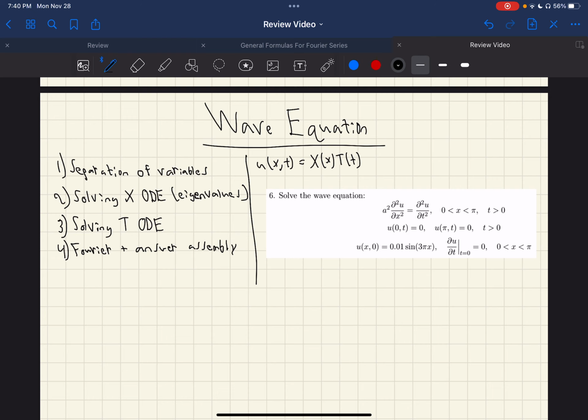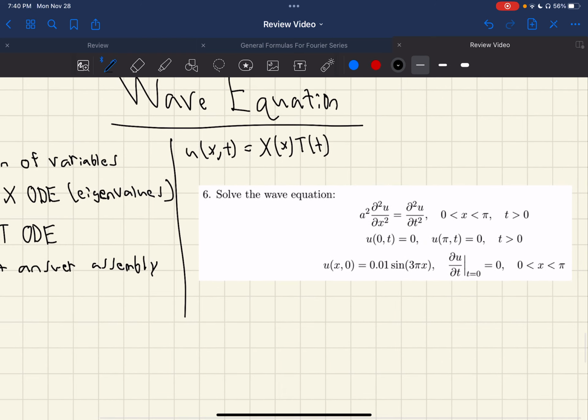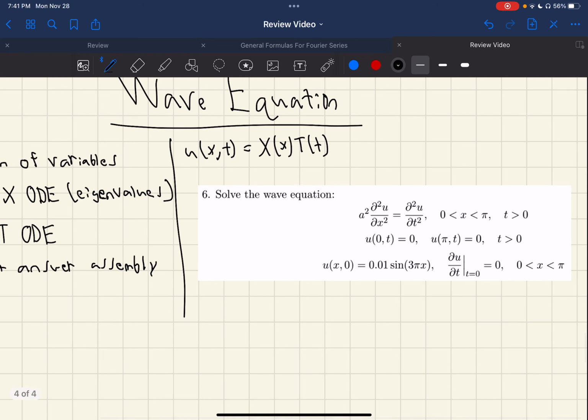So first, we have all this information that doesn't mean anything to us right now. So first we have this equation with some partial derivatives of u, and similar to heat equation, our u is equal to capital X of little x times capital T of little t.